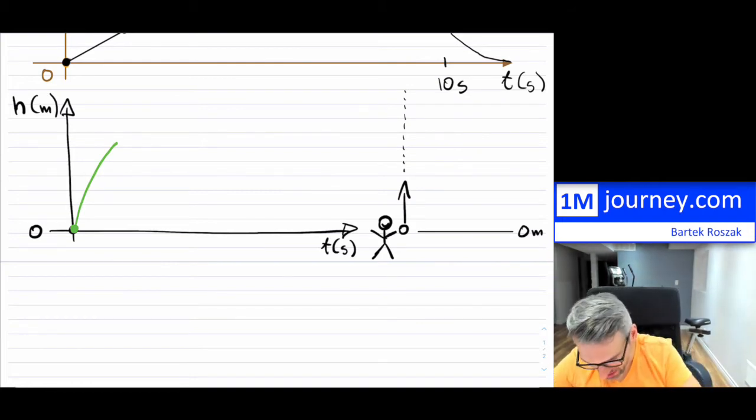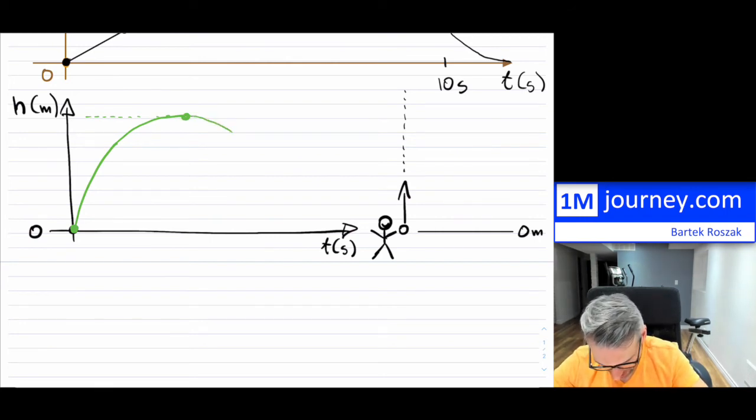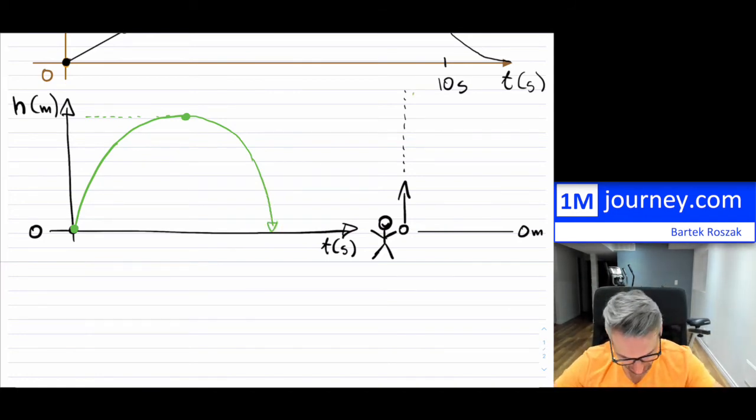So this thing kind of looks like this eventually, and it reaches its peak, right? It's almost like it pauses right here, and then it starts to come down again, until eventually it comes back down. Somewhere here, let's say maybe I catch it.